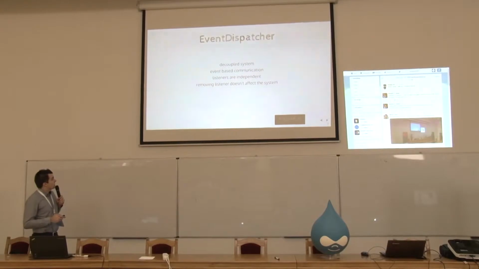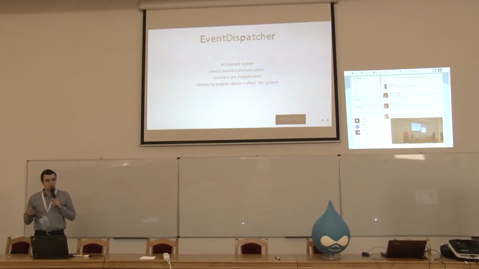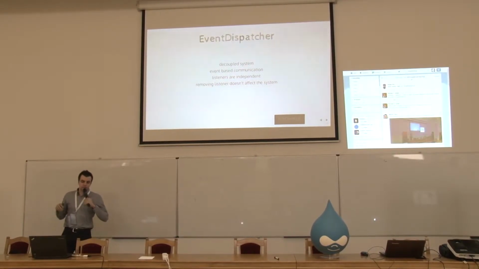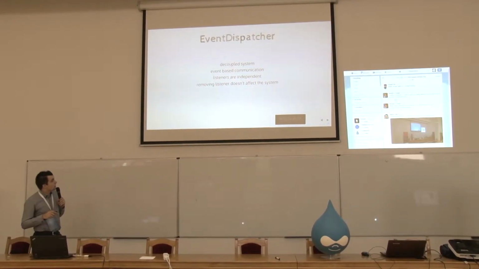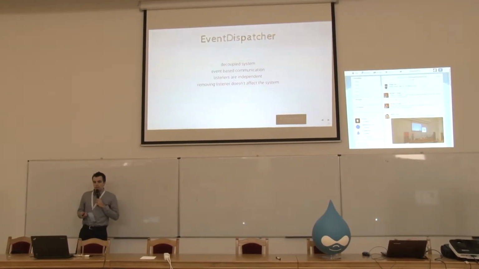What we gain from this is a decoupled system. We have an event-based communication with a central entity, so we don't have to have the listeners communicating between each other. So the listeners are independent, and removing a listener doesn't affect the system.